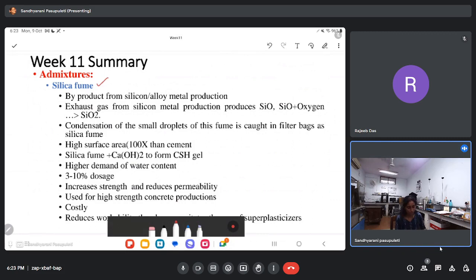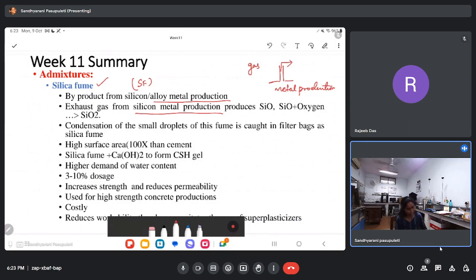This silica fume, or SF, is usually produced from alloy metal production or silicon metal production. What happens is that in silicon metal production, there will be an exhaust gas. In the industry, you could have seen that after the metal production, whatever extra gases there are will be sent through the exhaust.